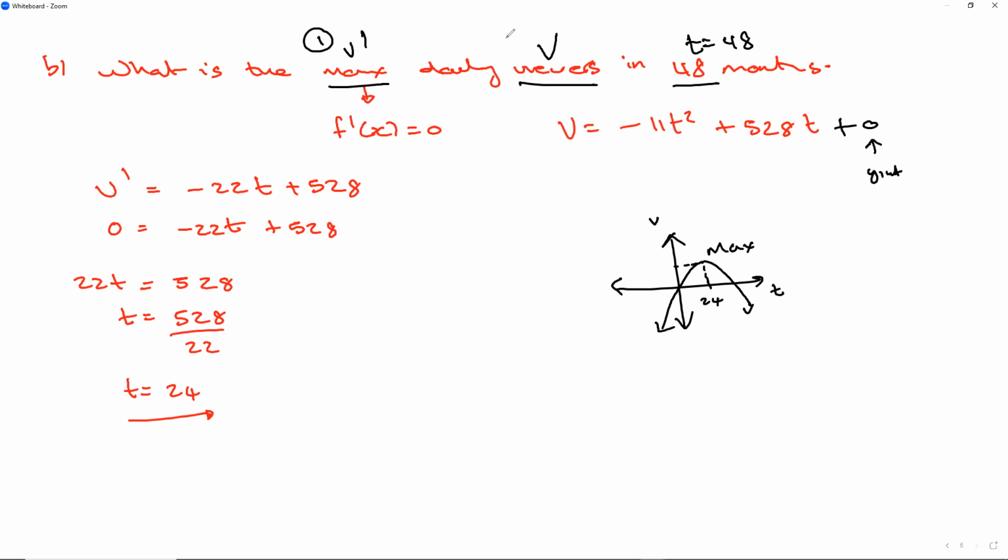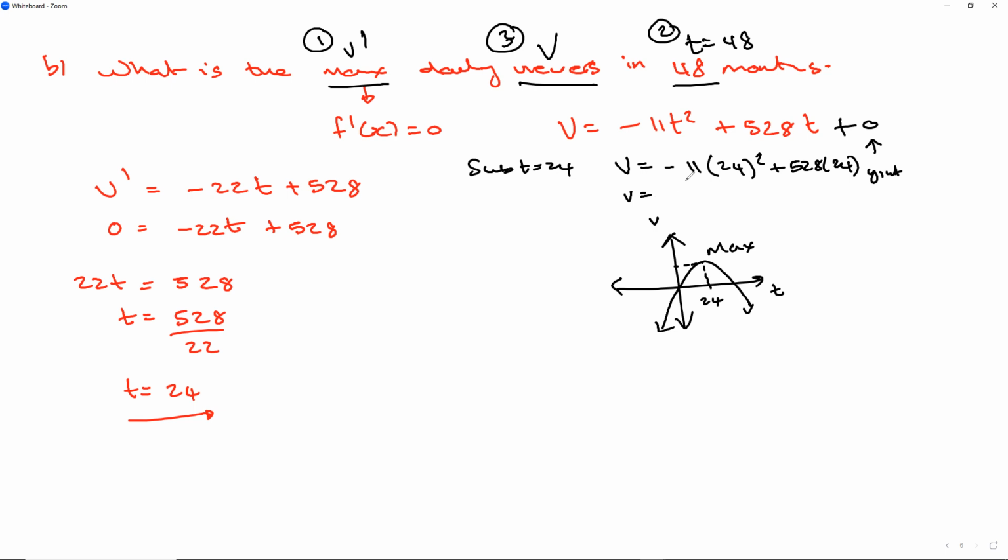So step 1, derive. Step 2, obtain t, and then step 3, put it back into the original function and get v, because this is not the original function now. So if I substitute t equals 24, I will get v equals negative 11 times 24 squared plus 528 times 24.